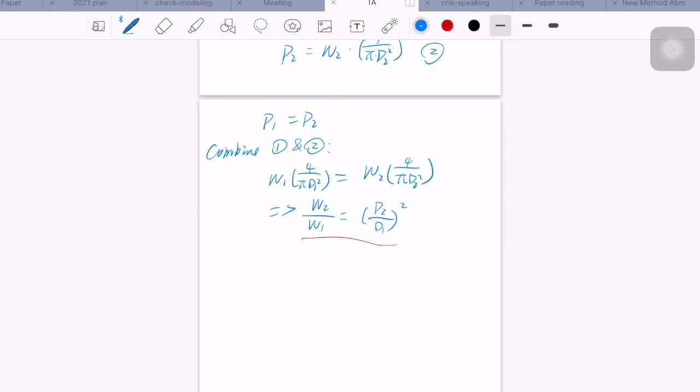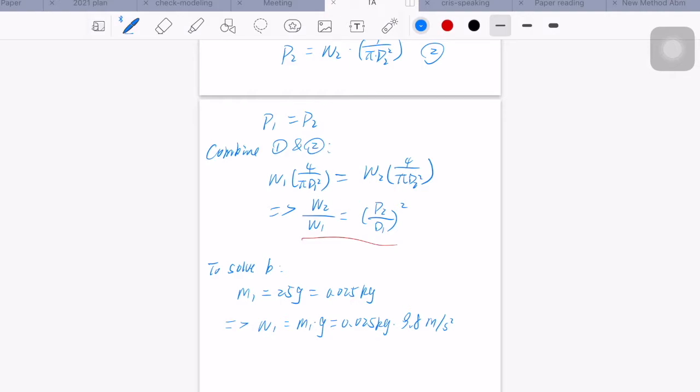Now to solve B, we know the mass of the mouse M1 equals 25 gram, which equals 0.025 kilogram. So the weight of the mouse equals M1 times g, which equals 0.025 kilogram times 9.8 meters per second squared.